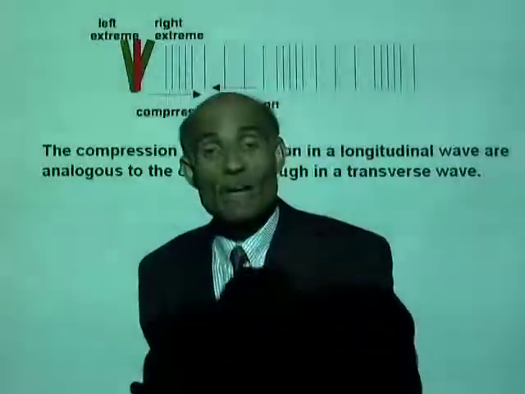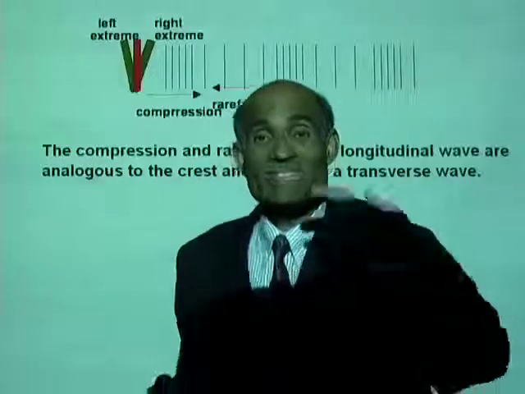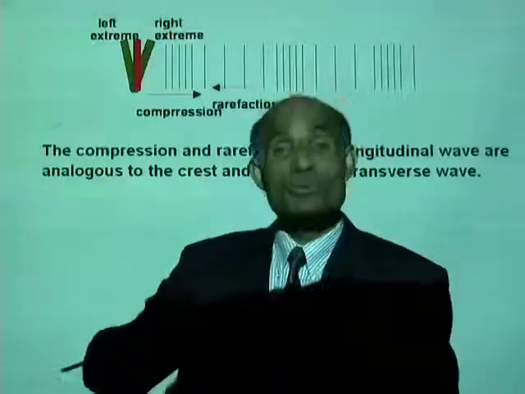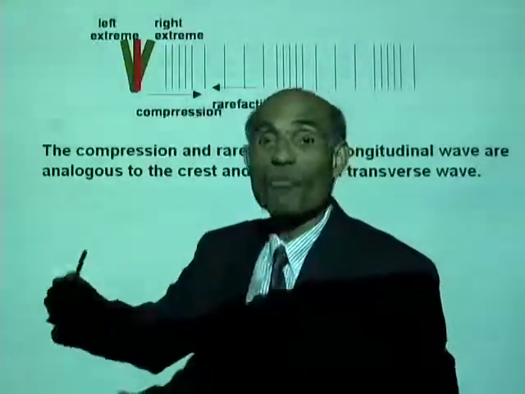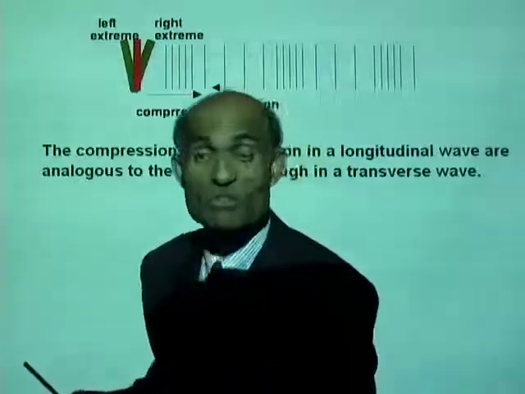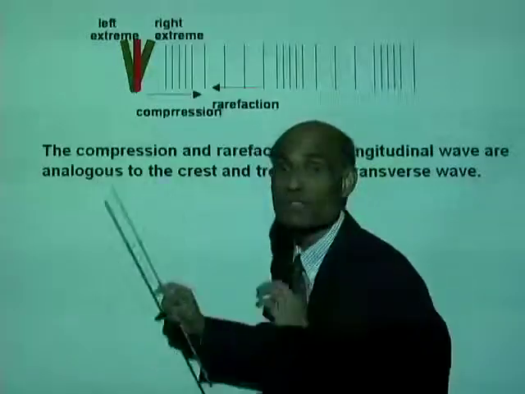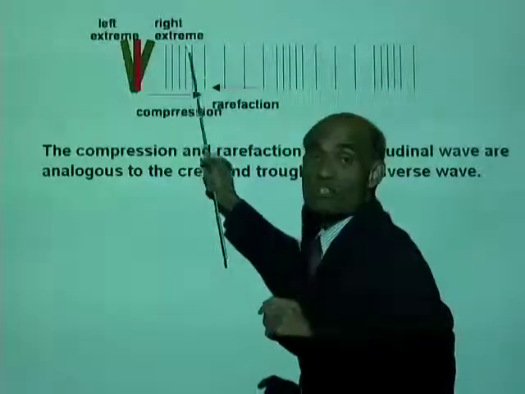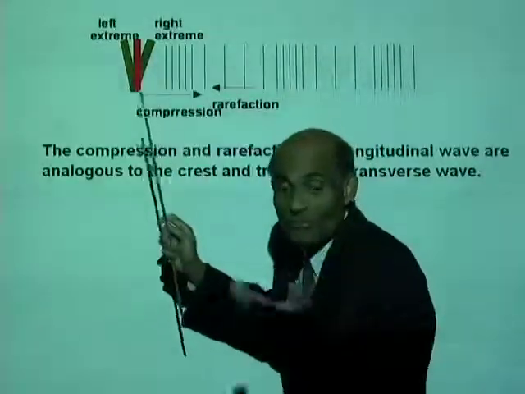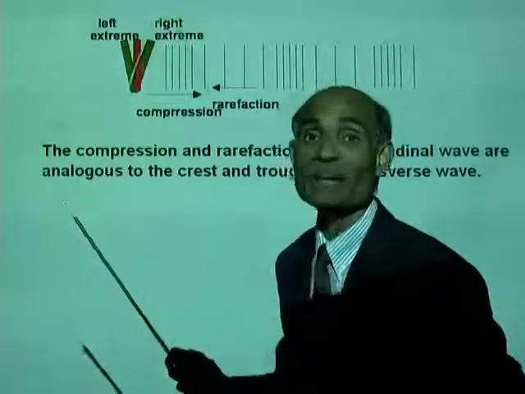So even when we want to draw a sound wave, we will use the transverse waveform, the crest and the trough. But remember, when you draw a crest, it means a compression. When you draw a trough, it means a rarefaction.